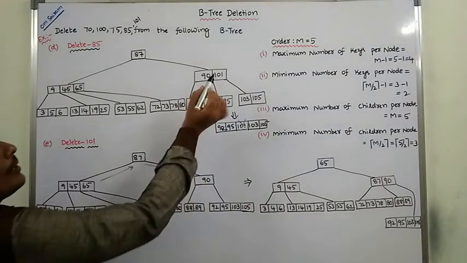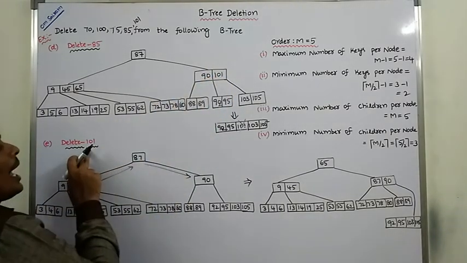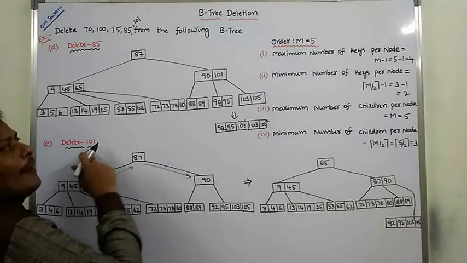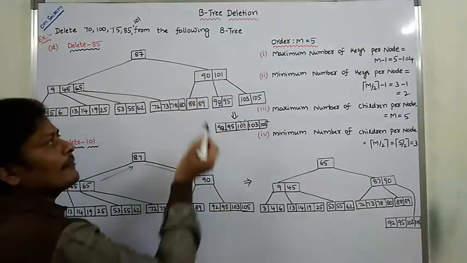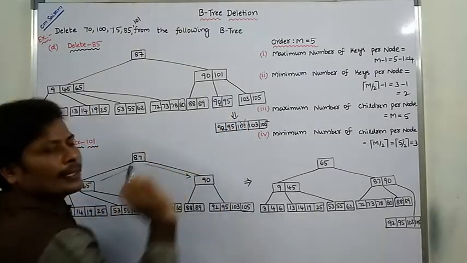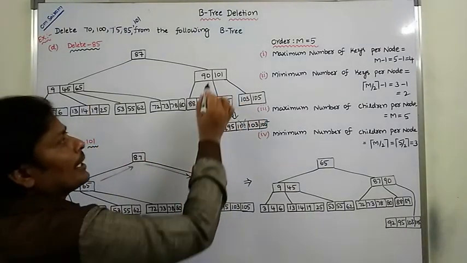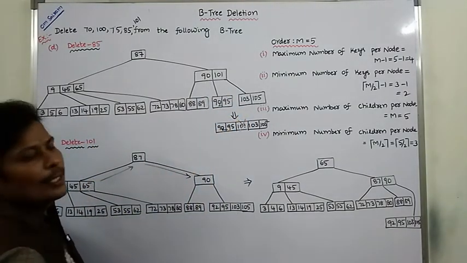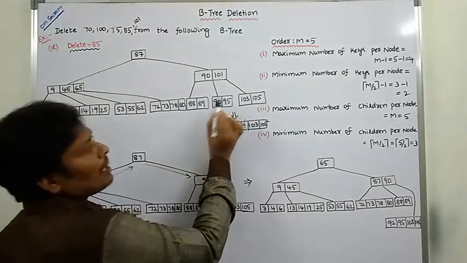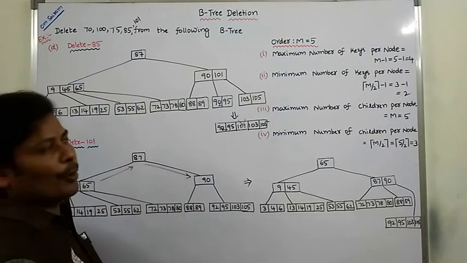Okay, so here 101 is the element that we have to delete. 101 can be replaced with either the in-order predecessor of that node or the in-order successor of that node. For the in-order predecessor, we have to consider the left subtree. Here it contains the minimum number of key elements, so the in-order predecessor is not possible.